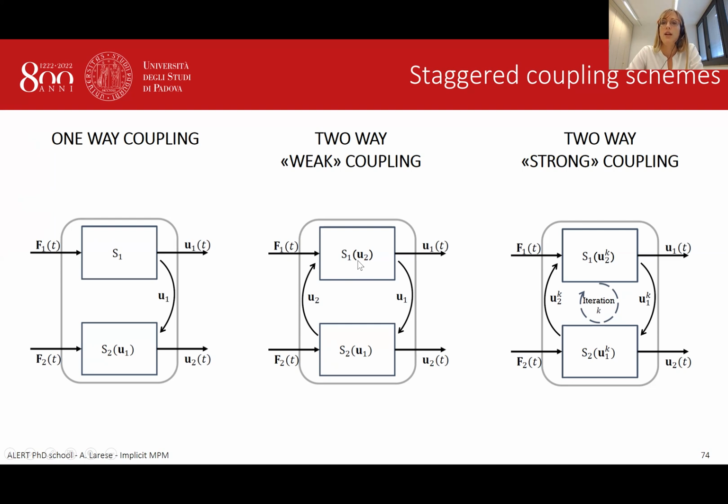This is the so-called weak coupling, because we are not reaching convergence in this loop. We are not looking for equilibrium between these two formulations, but we are just saying that the first influences the second, which influences the first, and we go further. While if we want to do it as accurately as possible, we also iterate between the two couplings that I've just shown in the weak coupling scenario.